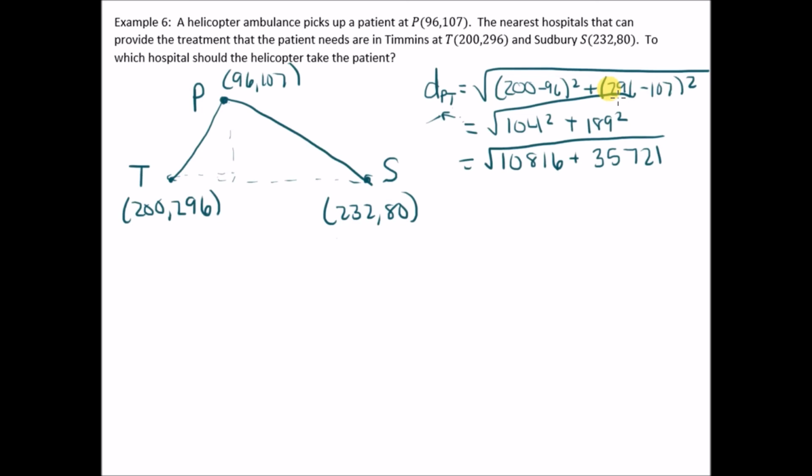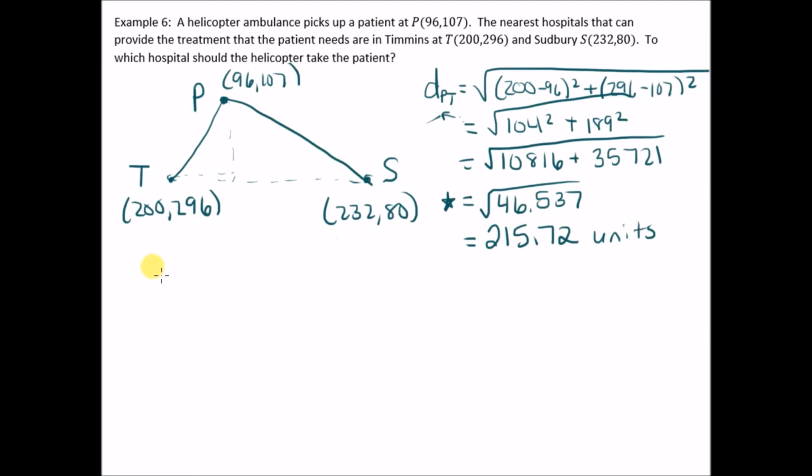When we add them together, we get 46,537. If you want to root it, that's fine, but we're going to be able to compare these two numbers, because whatever the smaller number is, that's the shortest distance. So 215.72 units. It makes sense in this case if that were kilometers, but it doesn't say in the question.